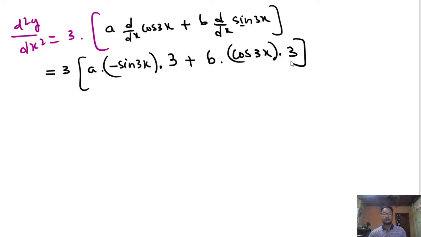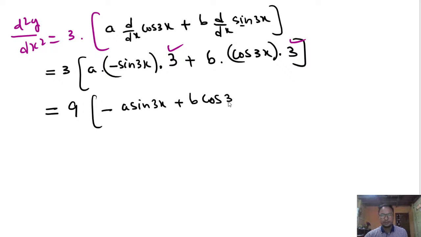This is what we got. Now this 3 and this 3 are common, take it outside, so that will be 9 times minus a sin 3x plus b cos 3x.